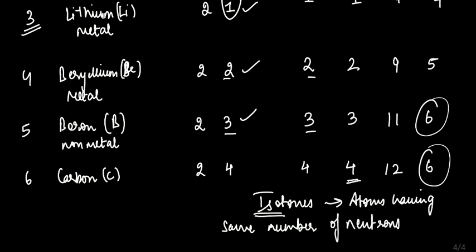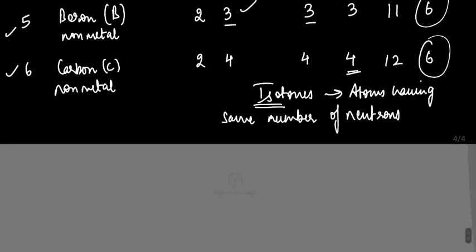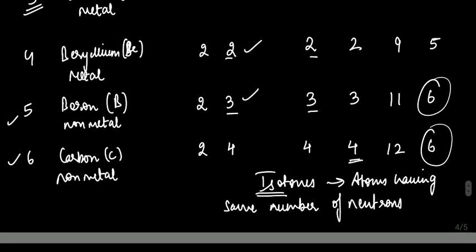Do remember, they have everything else different. If you compare boron and carbon, definitely they both are non-metals, we can add that. But their chemical properties are very different, and the only similarity between them is the number of neutrons. So how are we going to write the example of isotones over here?